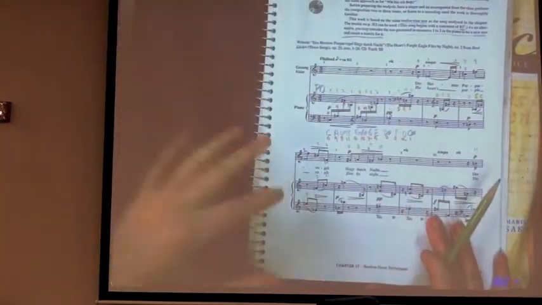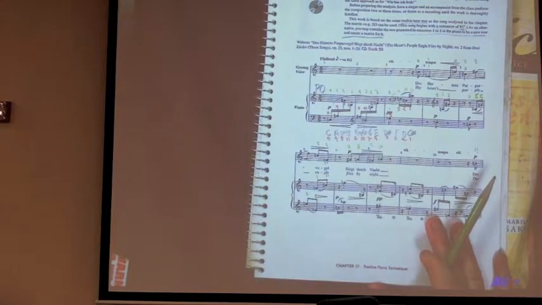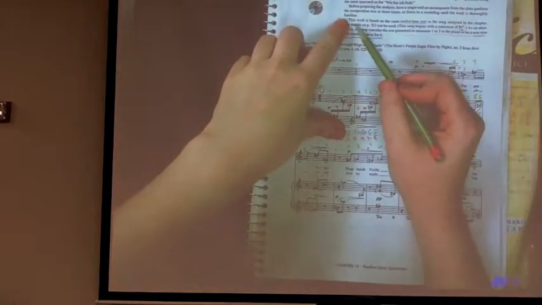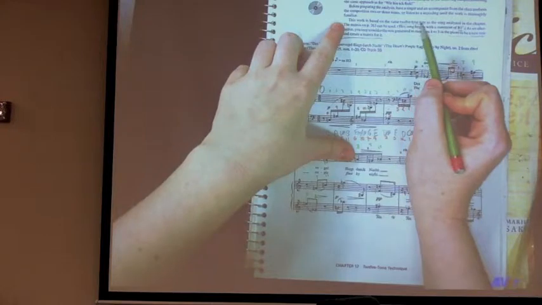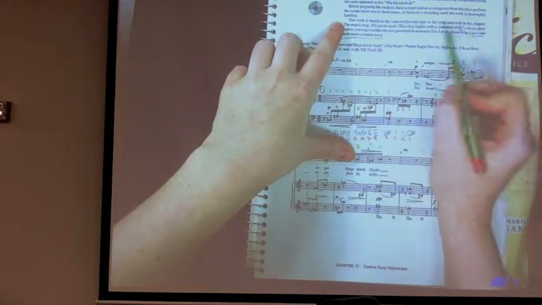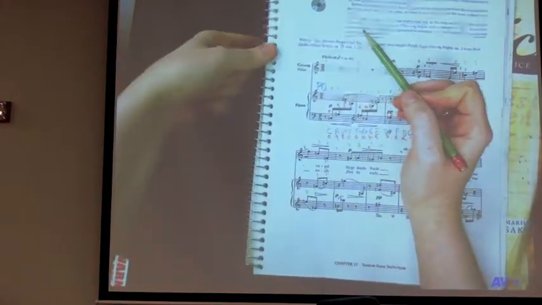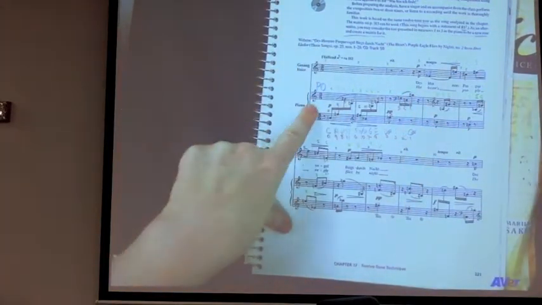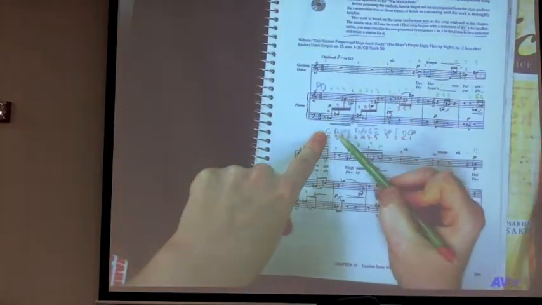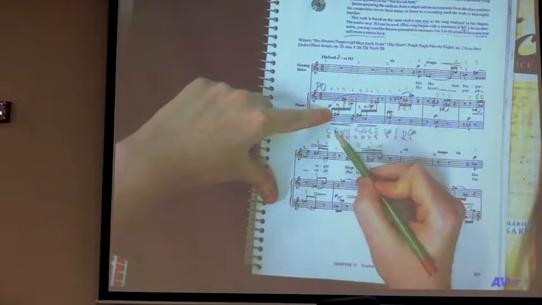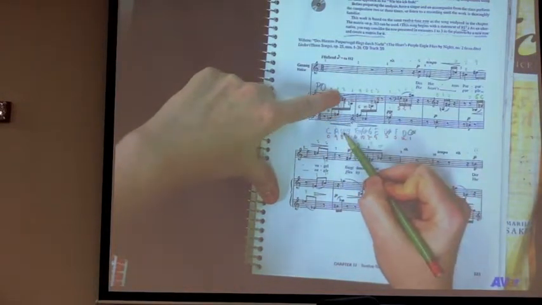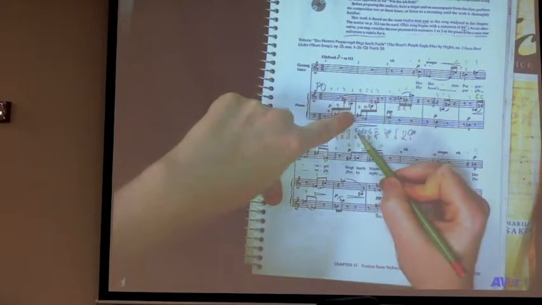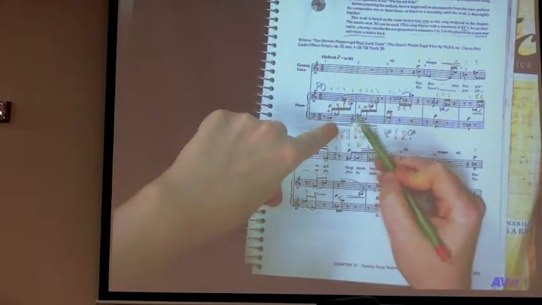So basically you're going to break it up. And so this work, they say, is based on the same 12-tone row as the song analyzed in, so the song we just talked about analyzing. So you can find this row. So here's our first row. It's going to be C, A, G sharp, B, and then careful, we go into treble clef here.